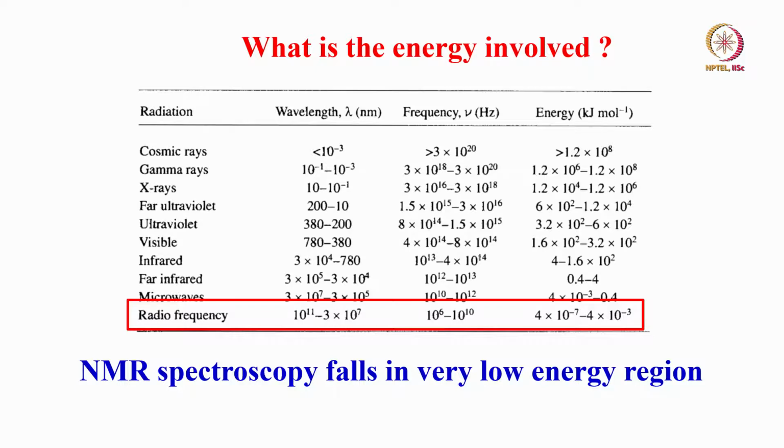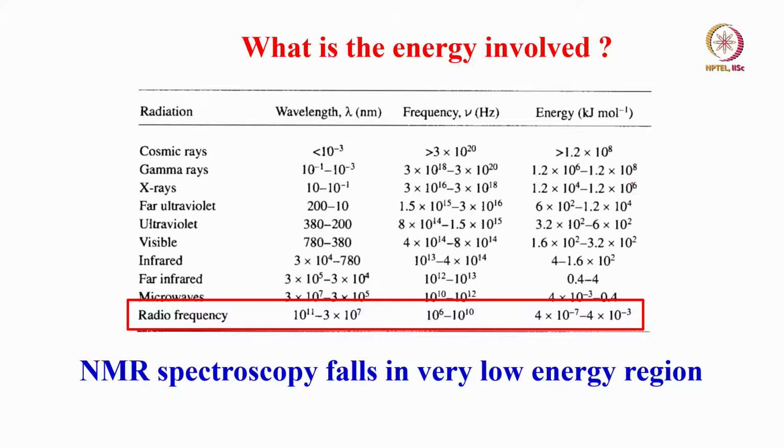Look at the energy. Some of the energy is very large. For example, gamma ray is 10 to the power of 6, going up to 10 to the power of 8. Such a large interaction energy. Whereas for radio frequency, the last one, you see 10 to the power of minus 7 to 10 to the power of minus 3. Very, very weak interaction. Energy of interaction is very weak in NMR.